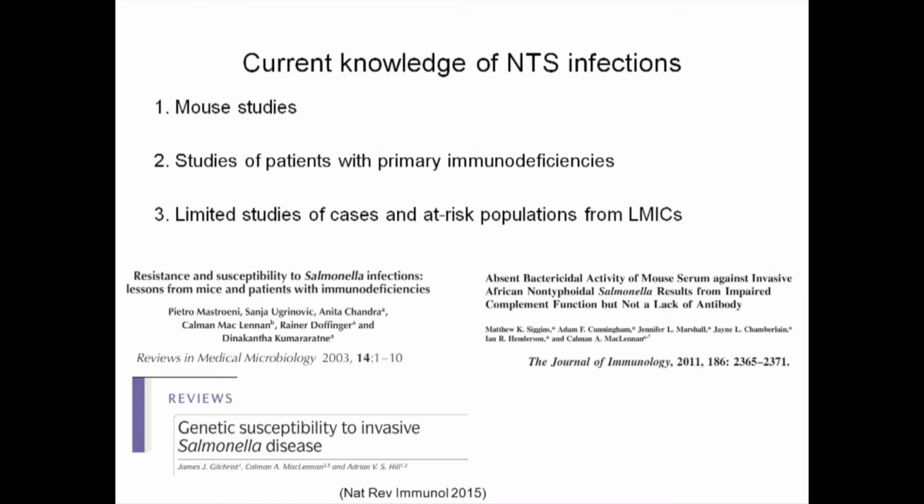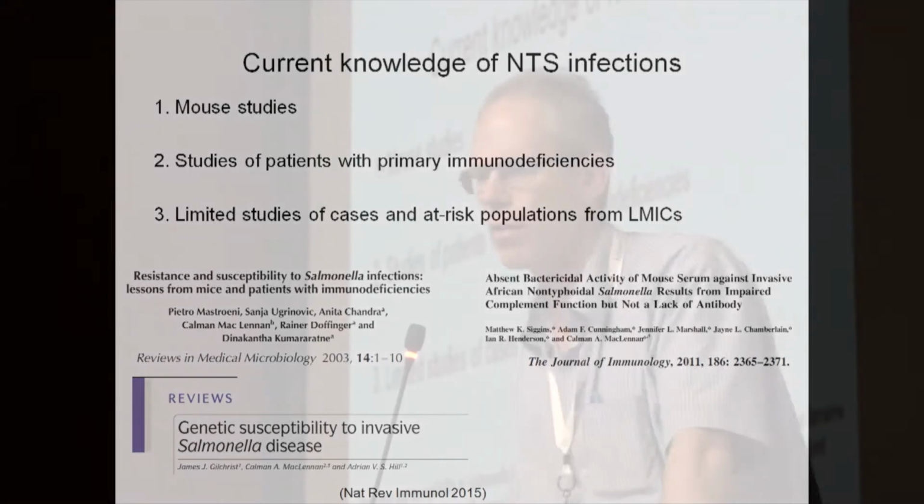So what knowledge we do have at the moment for NTS infections, a lot of this comes from mouse studies, and NTS has been a great model for mouse immunologists. We also have quite a lot of data from patients with primary immunodeficiencies, and a limited amount of data so far from cases and at-risk populations in low and middle-income countries where the disease is prevalent.